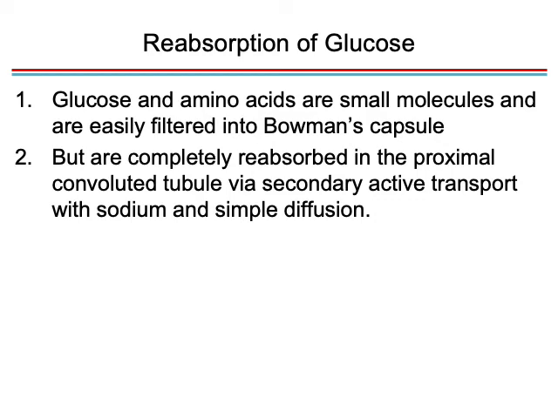There are also small molecules such as glucose, blood sugar, and amino acids. Both glucose and amino acids are also reabsorbed into the proximal convoluted tubule using a mixture of simple diffusion or some sort of pump that will allow these chemicals to get reabsorbed.